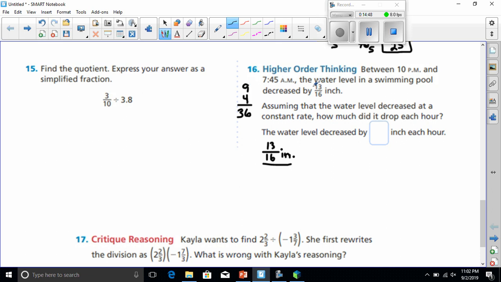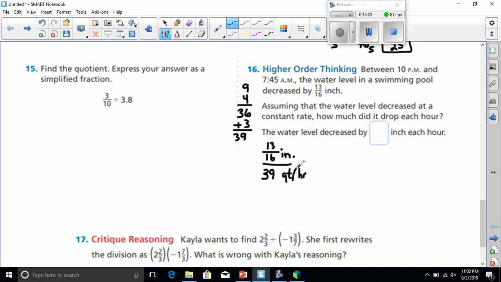Now we have to add 45 minutes, so it's another 15, 30, 45, that'll be 3 more increments of 15 minutes. So we're going to add 3 now, and that's going to give us a total of 39 quarter hours. Okay, 39. We're just going to put quarter hours.